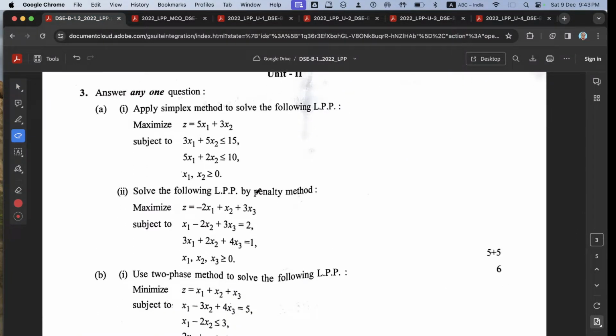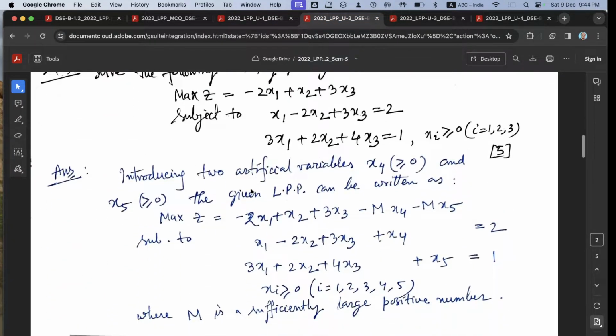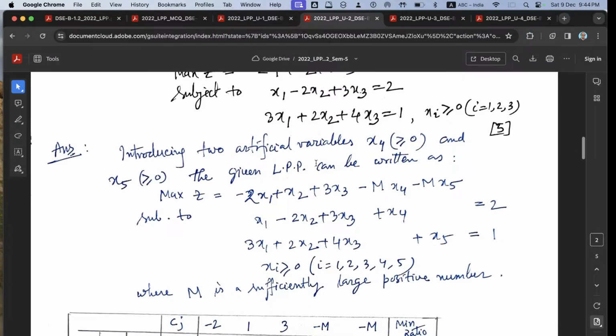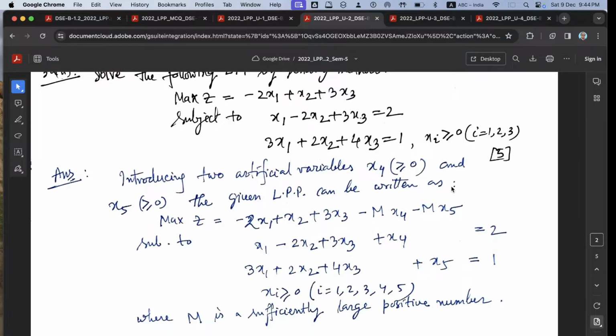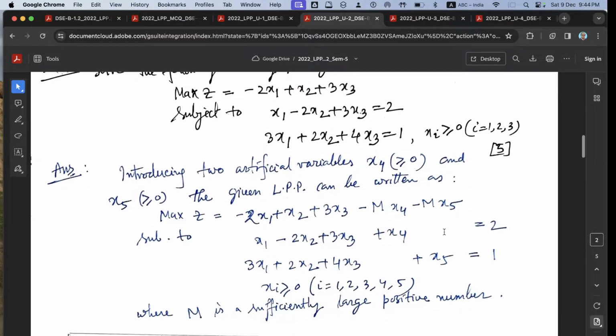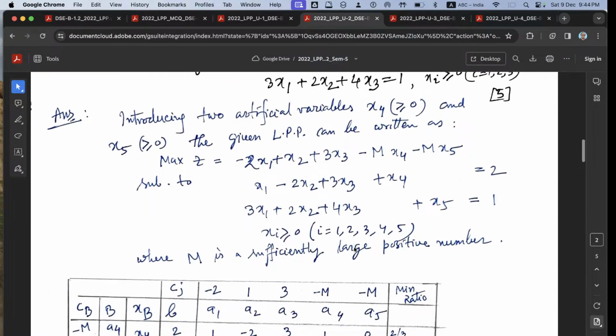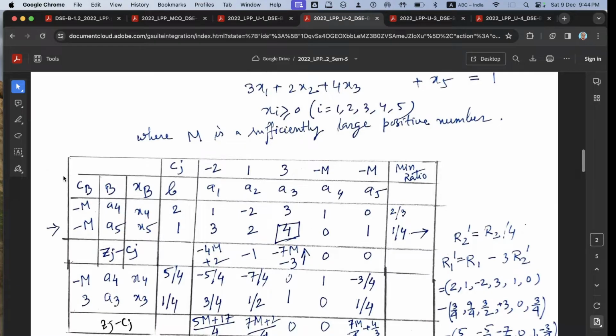Question 3a2. Solve the following LPP by the penalty method. Maximize this, subject to this. Introducing two artificial variables x4 and x5, the given LPP can be written like this, with M1 and M2. M is a sufficiently large positive number here, and this is the simplex table, the first table and second table.